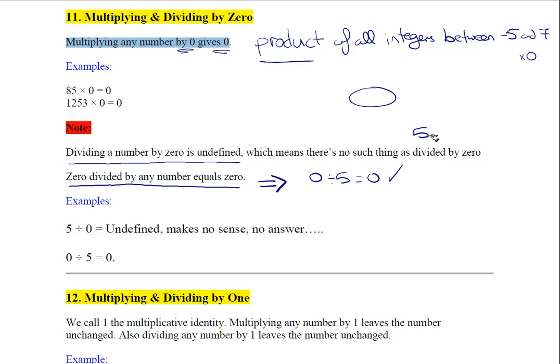But if I say 5 divided by 0, that doesn't equal 0. It is called undefined. Doesn't make sense. There's no such thing. So you can never divide by 0, or in other words, you can never have a denominator of 0. You can have a fraction like 0 over 3. It works. It equals 0. But 3 over 0? No. No such thing.